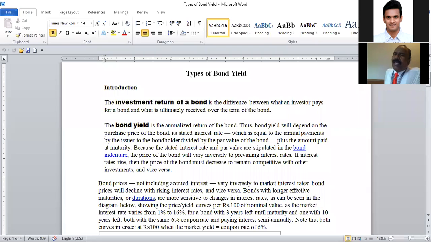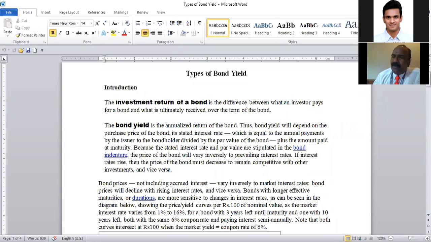So the bond yield is the annualized return of the bond. That will depend on the purchase price of the bond and its stated interest rate, which is equal to the annual payments by the issuer to the bondholder, divided by the par value of the bond, plus the amount paid on maturity.